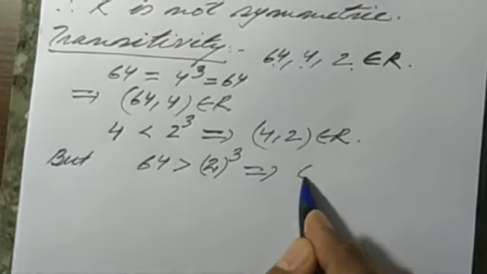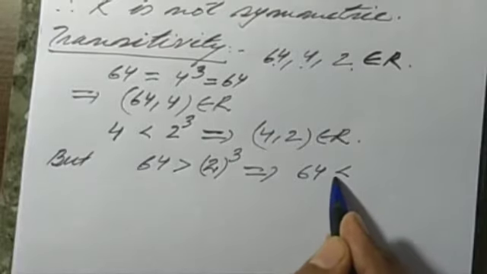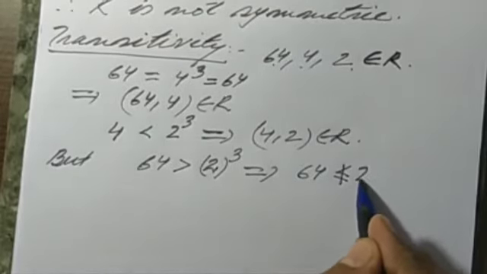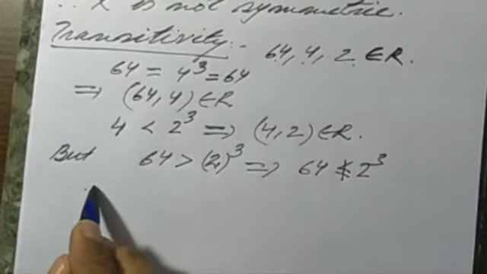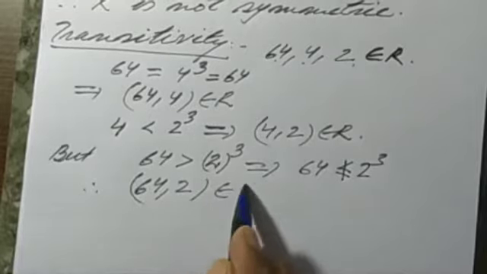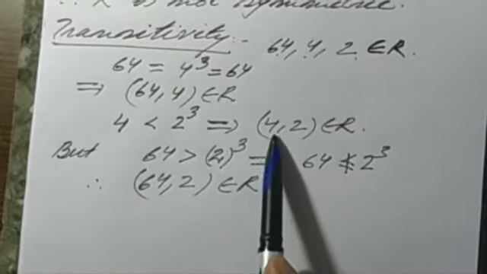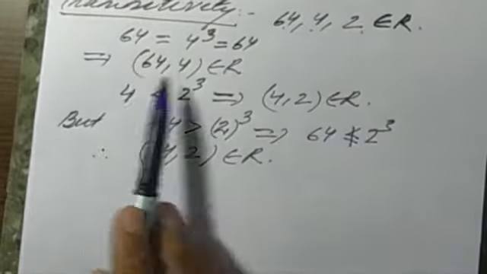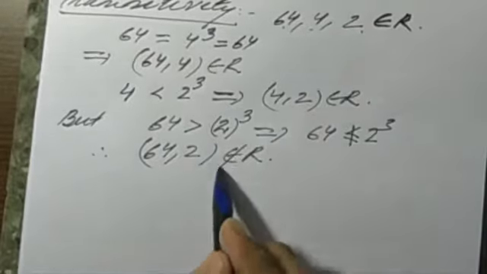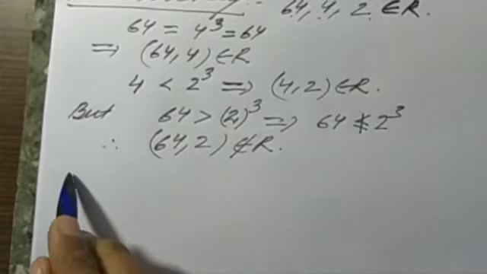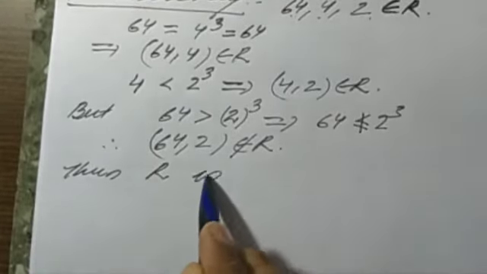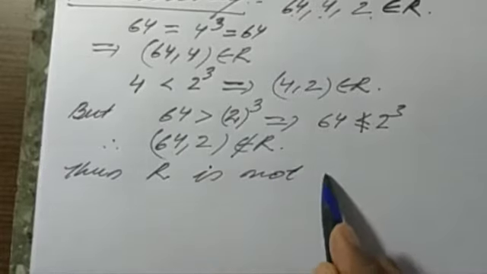It implies that 64 is neither less than nor equal to 2 cube. So we may say that (64, 2) does not belong to R. So we have shown, though (64, 4) belongs to R and the ordered pair (4, 2) belongs to R, but (64, 2) does not belong to R. Thus R is not transitive.